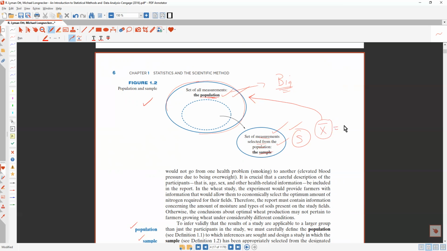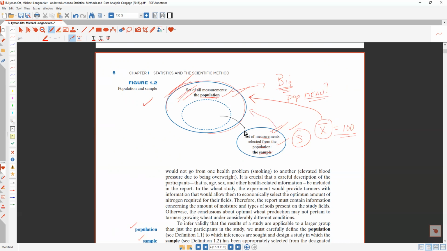If the sample mean is equal to, say, 100, let's say for whatever we're measuring, what can we say about the population mean? Right? What can we say about the population mean? Because again, I want to stress that this is what we're really interested in. Here is the population. We're only studying the sample to get a glimpse into the population.